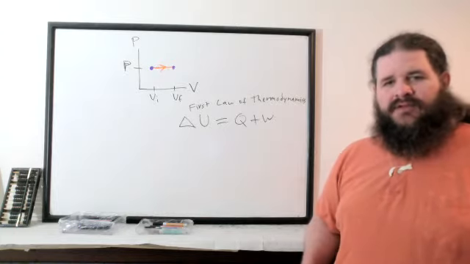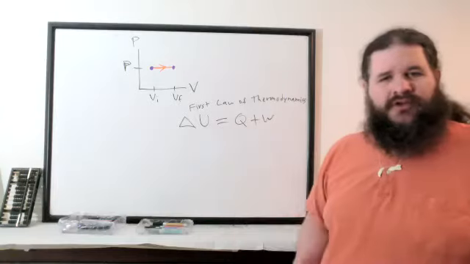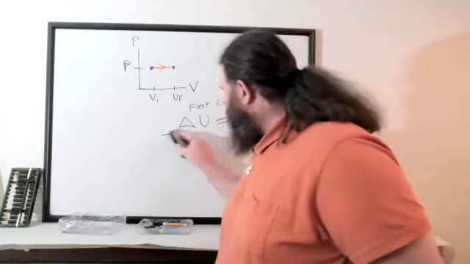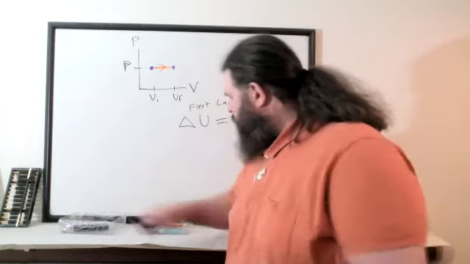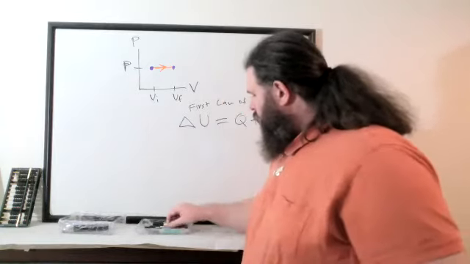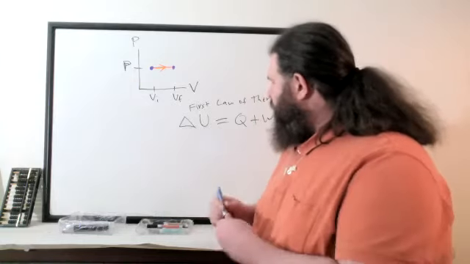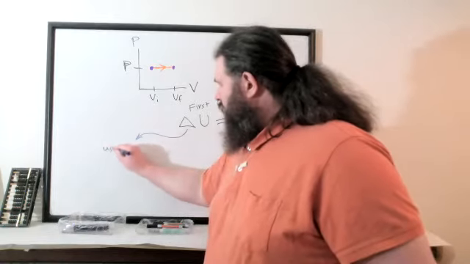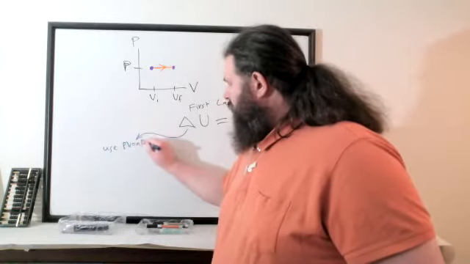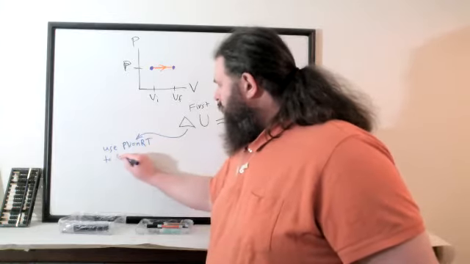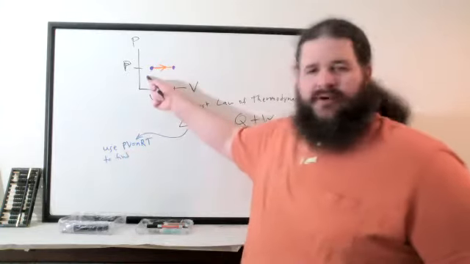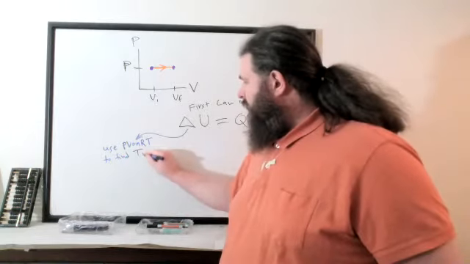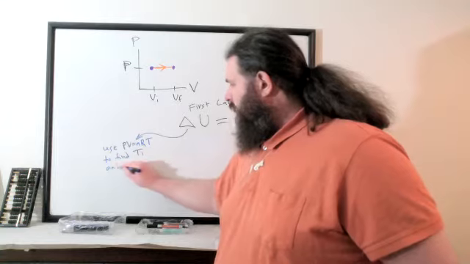Yeah, one way we could do this, because the usual indicator is temperature, so you could use PV equals nRT. So one way of finding delta U is you could use PV equals nRT, because you know initial pressure and volume and final pressure and volume, to find T initial and T final.